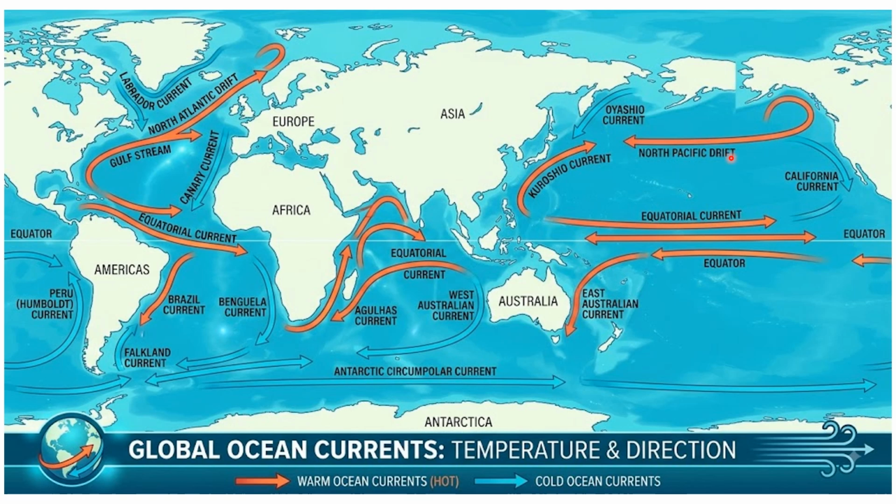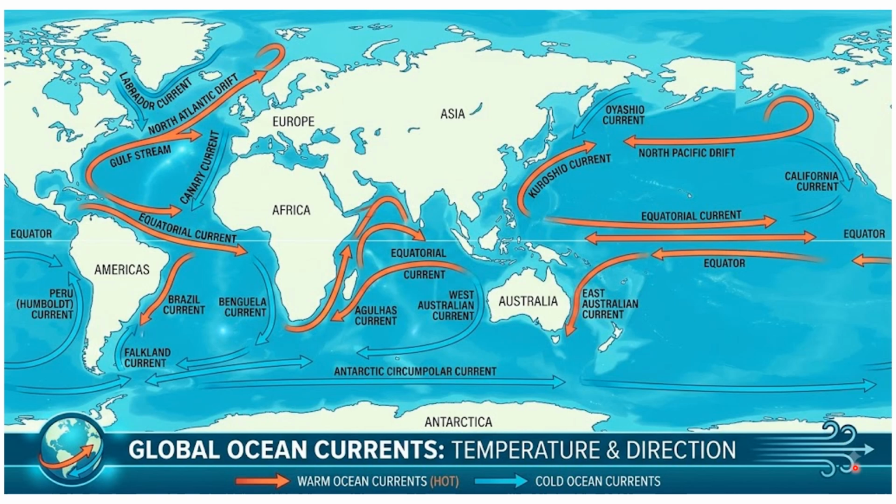In the Pacific, this is the North Pacific drift. This is the Kuroshio current. These are warm currents, but this is the Oyashio current, which is a cold current. This causes cooler coastal regions, and this supports fishing. Now coming to the California current, this is also a cold current, right?